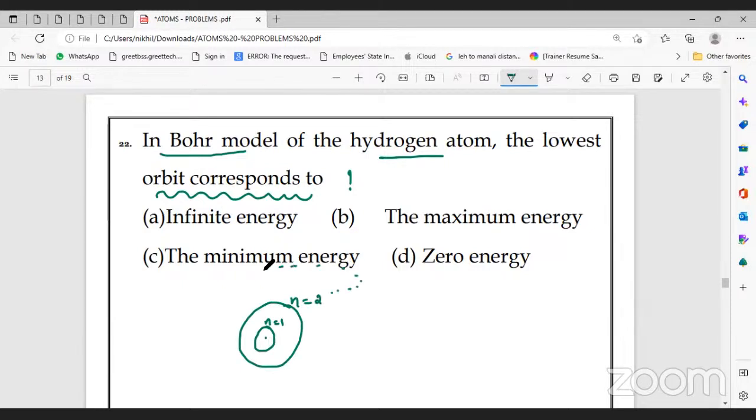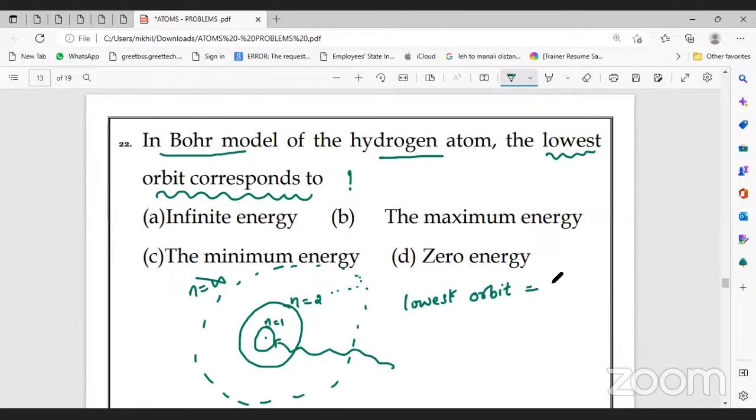Like that, this is the infinite orbit. Now they are asking you to find the lowest orbit. So which is the lowest orbit? The first orbit is the lowest orbit.